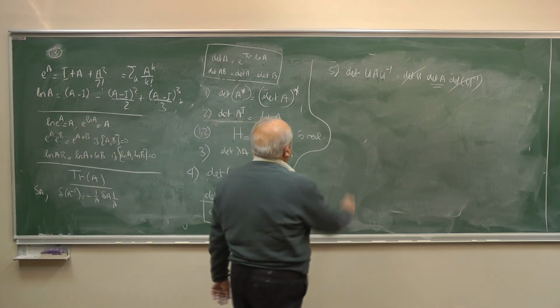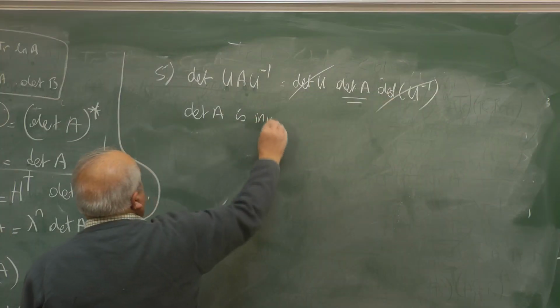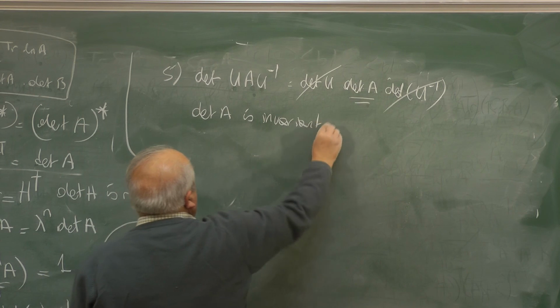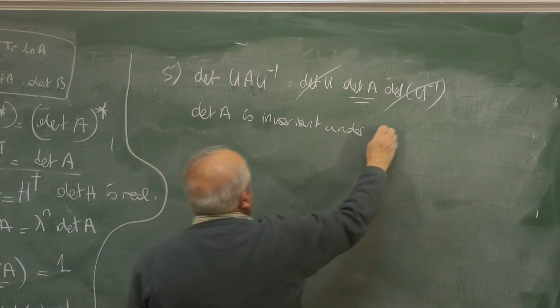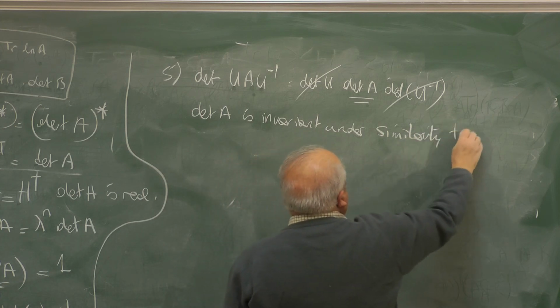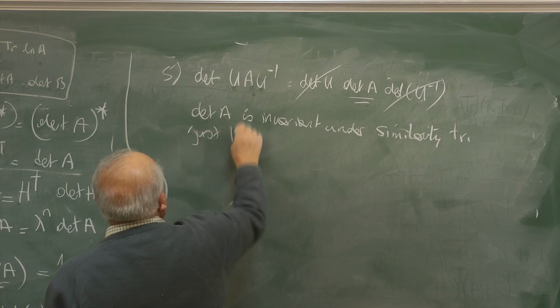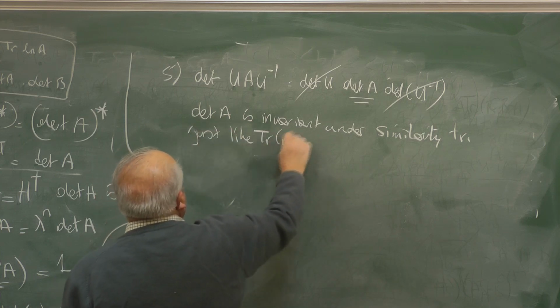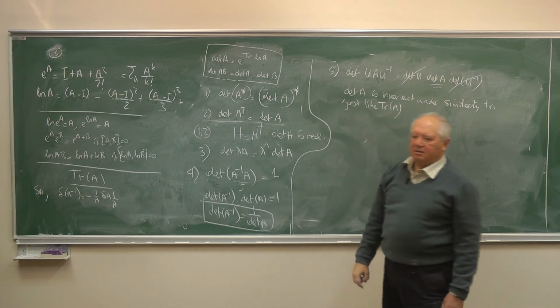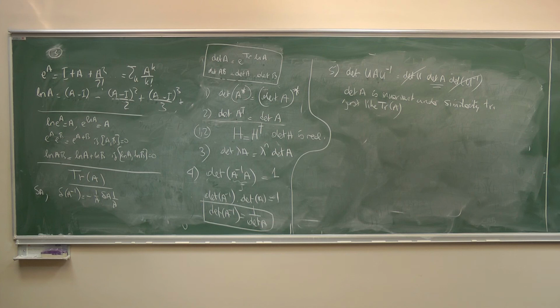Therefore, determinant A is invariant under similarity transformations. Just like trace. So these are two important numeric invariants of a matrix: its determinant and its trace. They are invariant under these coordinate transformations.